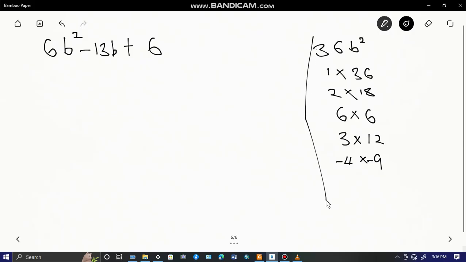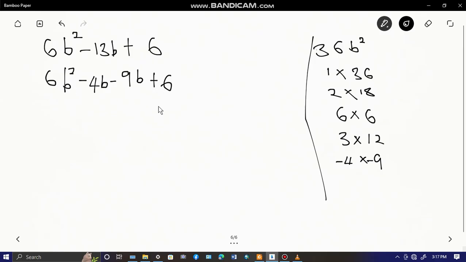After finding the factors, you come back to your expression to the second step where you separate the middle term in terms of those factors. Notice that it can be 6b squared minus 4b minus 9b plus 6.